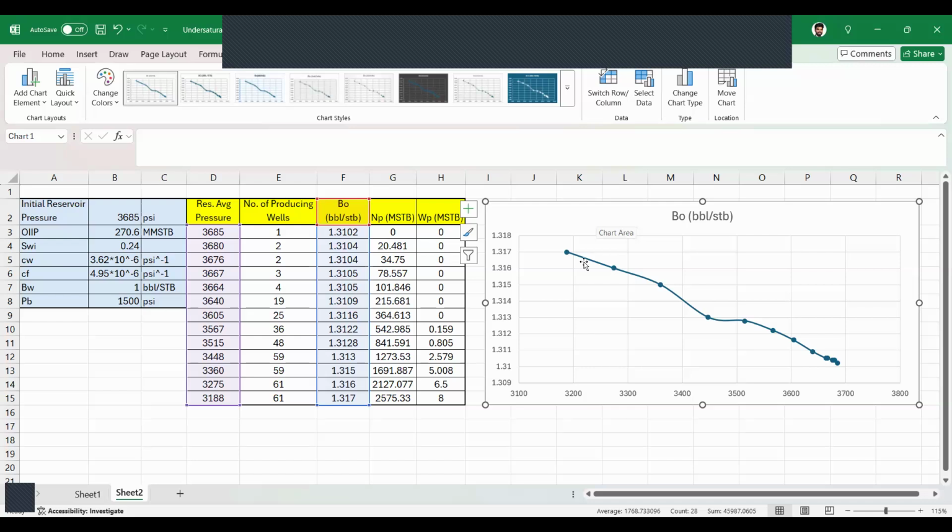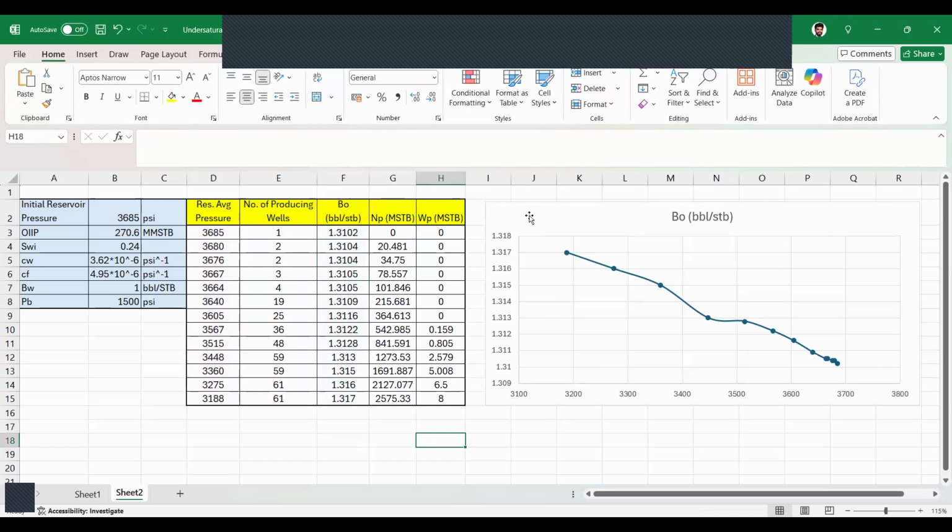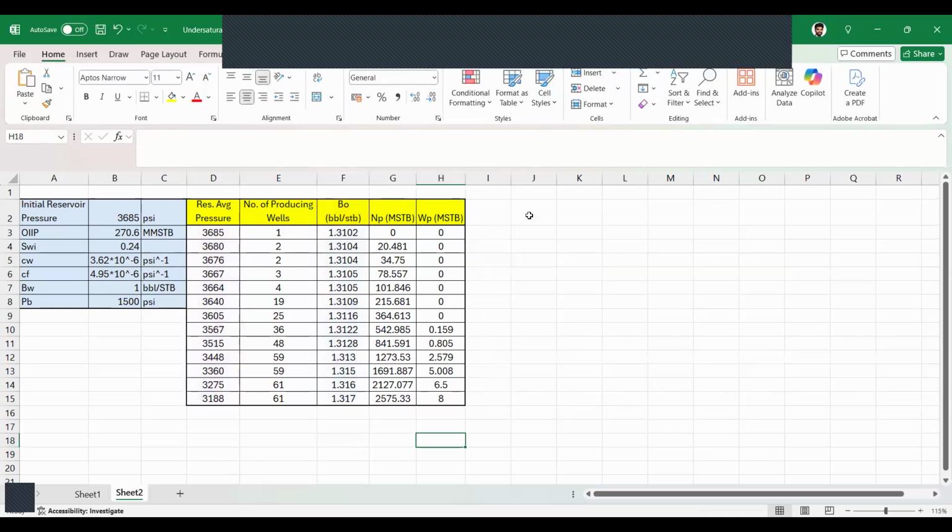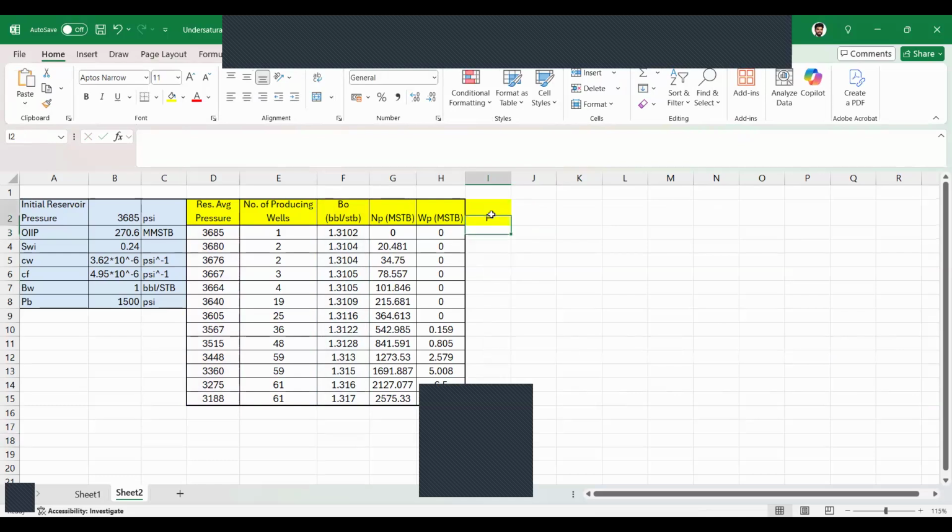So let's quickly try to use the techniques we have understood in material balance, where we will first calculate underground withdrawal. So F would be the underground withdrawal.